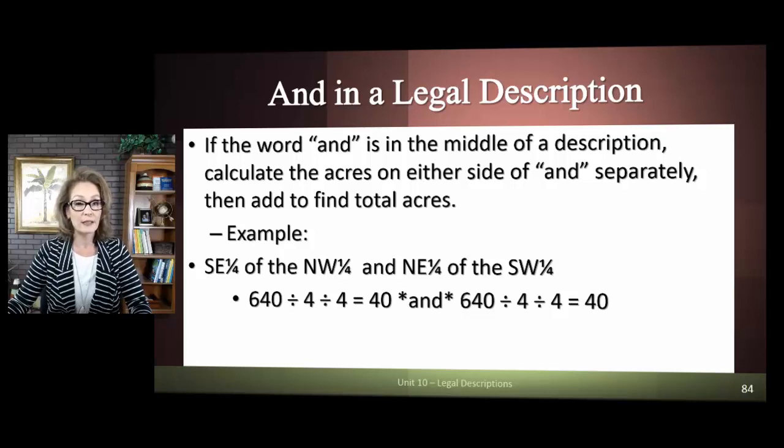We hit an "and." So we're going to start all over again with 640, divide it by 4 for the northeast quarter, and divide it by 4 for the southwest quarter. We come up with 40 acres for both calculations. Now we're going to add them together. So 40 plus 40 is 80 acres.